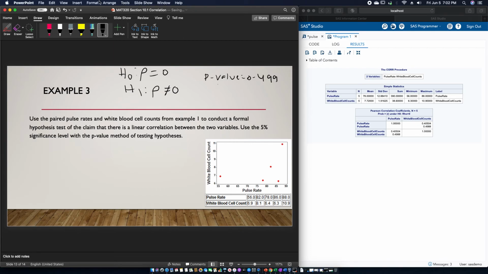Due to that being very high, we are failing to reject the null hypothesis. Again, as we saw before, that correlation coefficient was indeed pretty small to begin with.